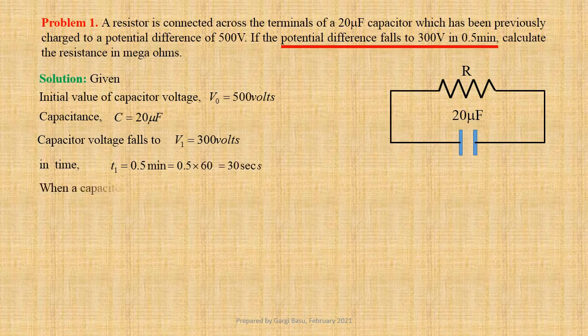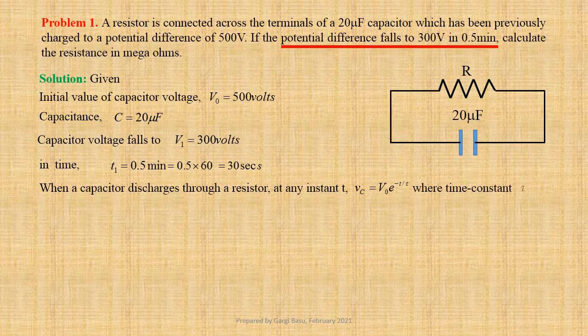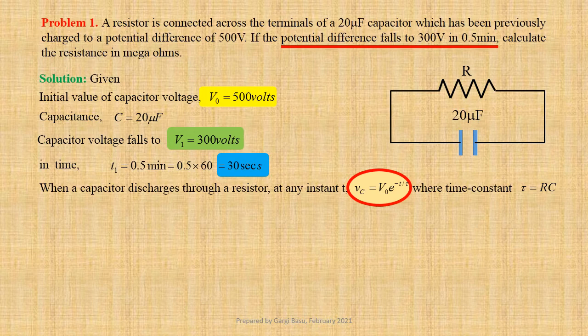When a capacitor discharges through a resistor R, at any time instant t, capacitor voltage Vc equals V0 e to the power minus t by tau, where time constant tau equals R into C. Using values in the expression of Vc, we get 300 equals 500 e to the power minus 30 by tau, or e to the power minus 30 by tau equals 0.6.